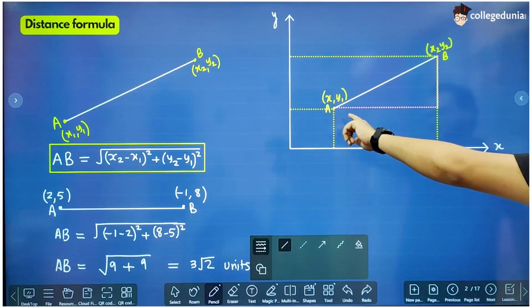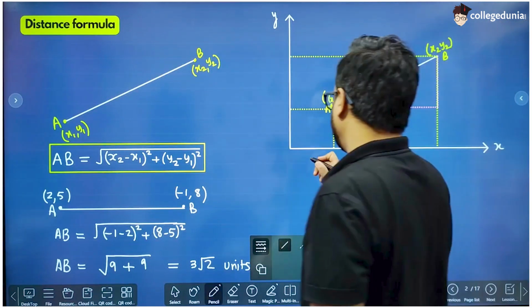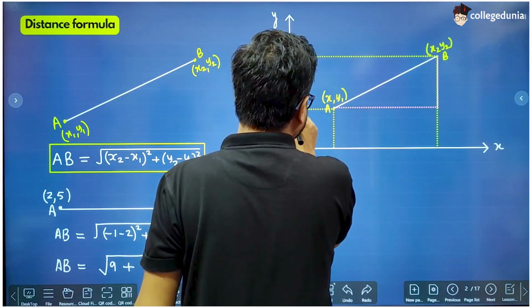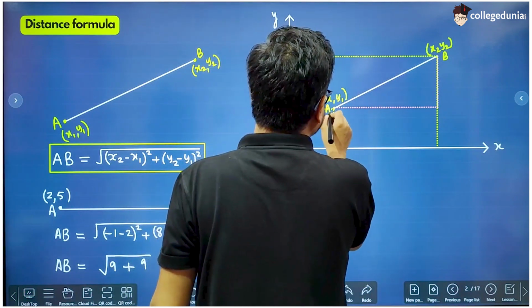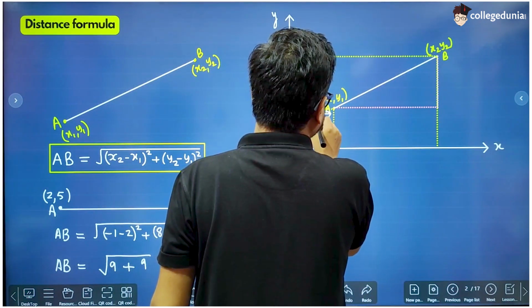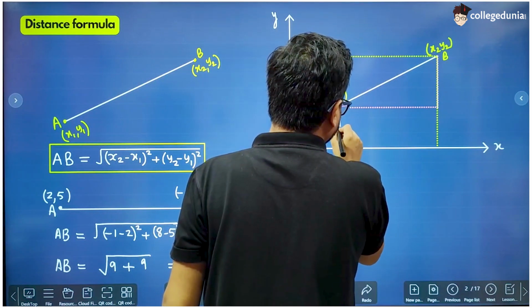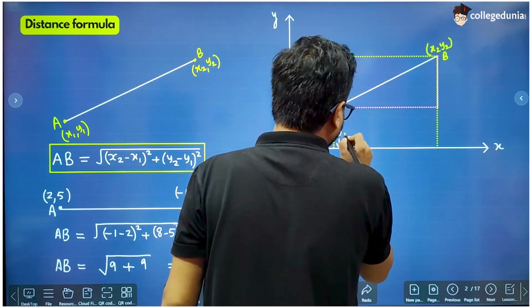Okay, now if the coordinates of this point are x1 y1, then obviously this whole distance should be x1, and this distance should be y1, right?